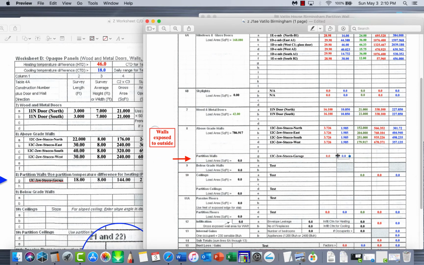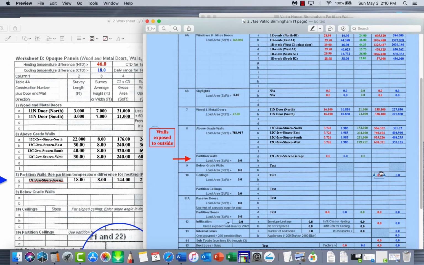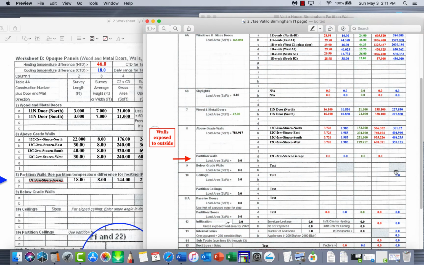It's hard to grab it. There we go. Now we got it in.